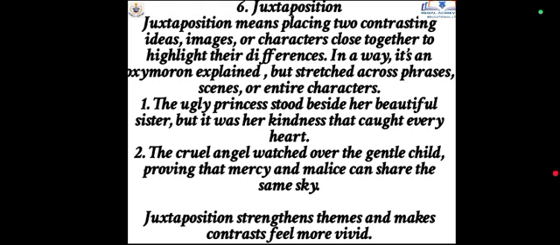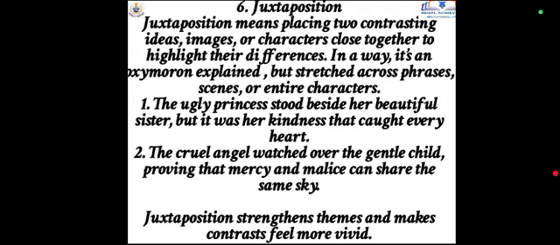In a way, it's an oxymoron stretched across phrases, sentences, or entire characters. Example: the ugly princess stood beside her beautiful sister, but it was her kindness that caught every heart.